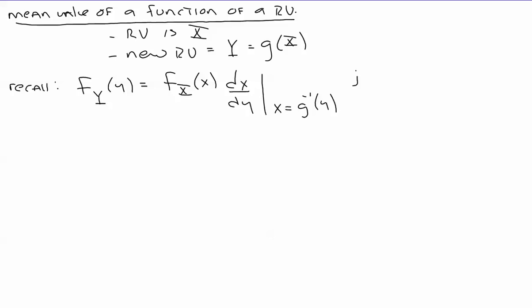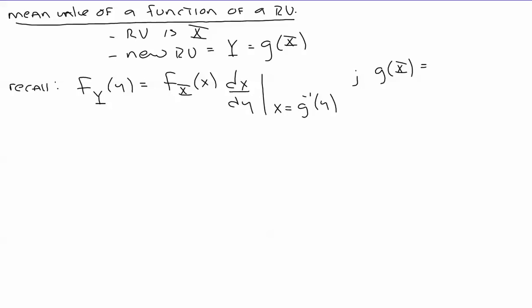This is the way we found the probability density function for y based on knowledge of the probability density function for x and the transformation function. The way I've written this here, go back and check your notes, I'm assuming that g, in this case, notice I don't have absolute values here.